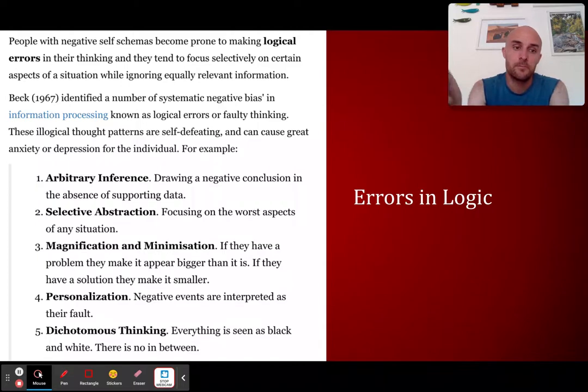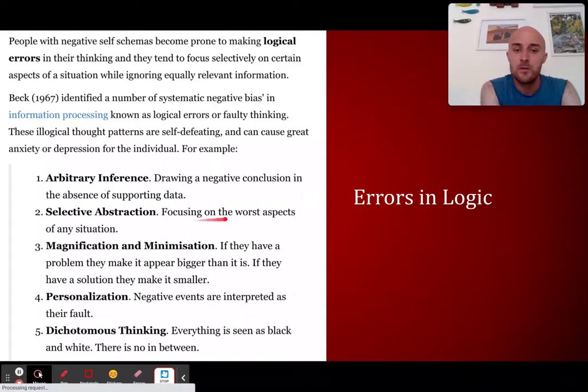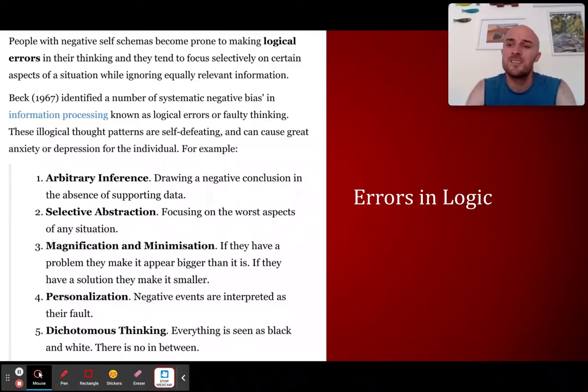For example, someone with depression tends to, and this is well known, focus on the worst aspects of any situation. Say they get a B in a piece of work, in a really important mock, they would say, well, it's not an A star.